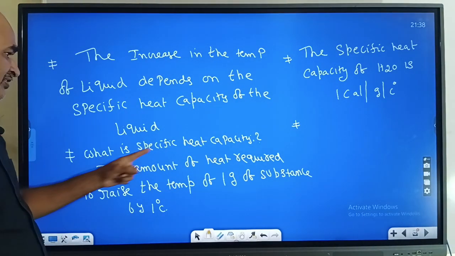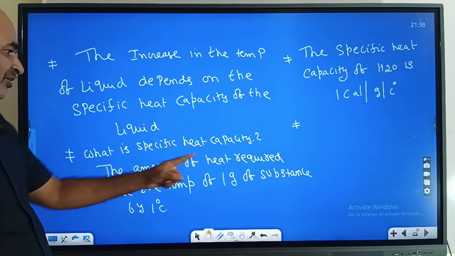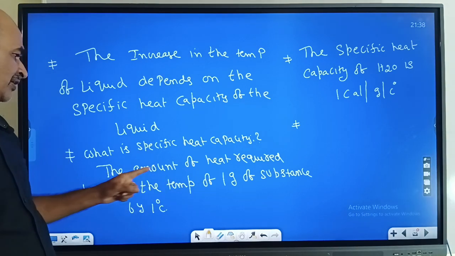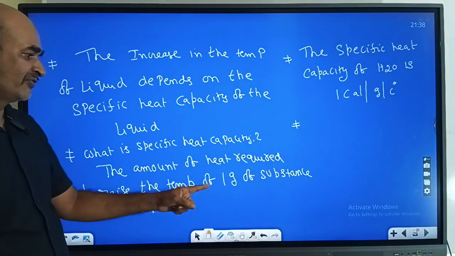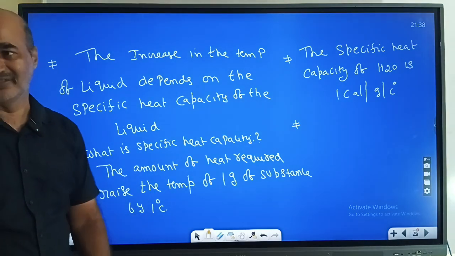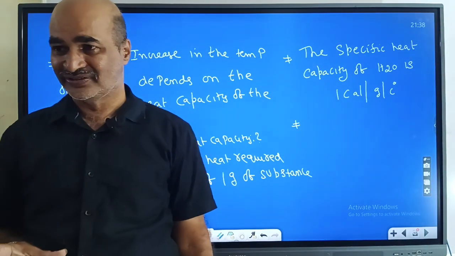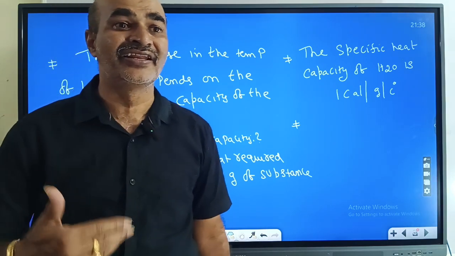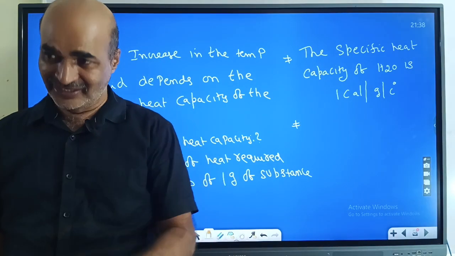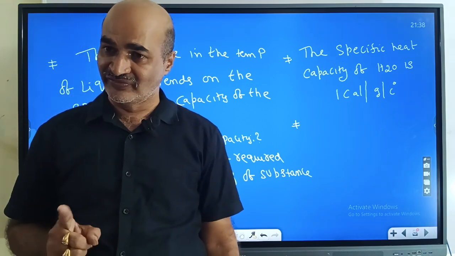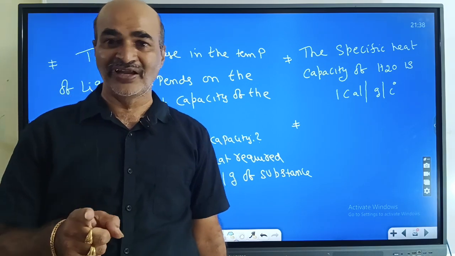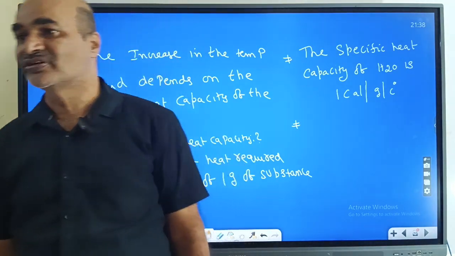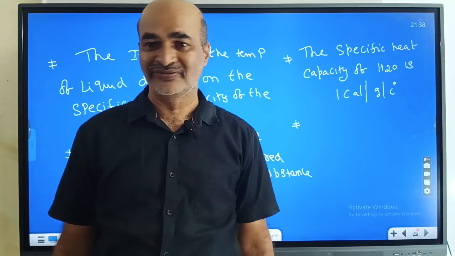What is meant by specific heat capacity? The amount of heat required to raise the temperature of 1 gram of substance by 1 degree centigrade. If you have 1 gram of a substance and want to raise its temperature by 1 degree centigrade, the heat energy we must supply is called the specific heat capacity.